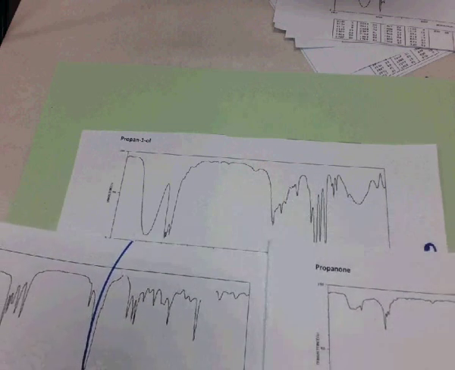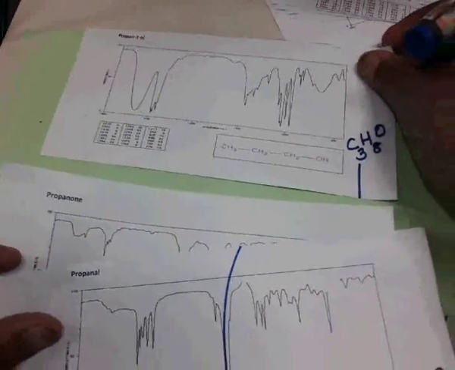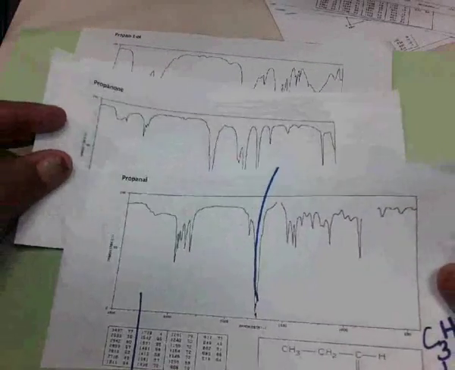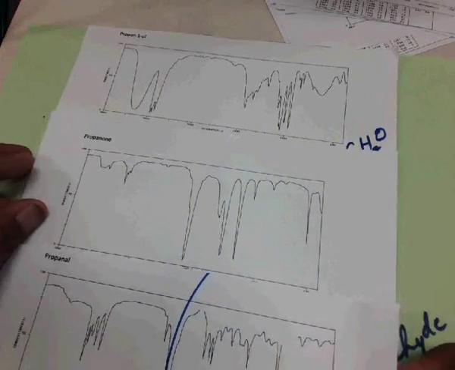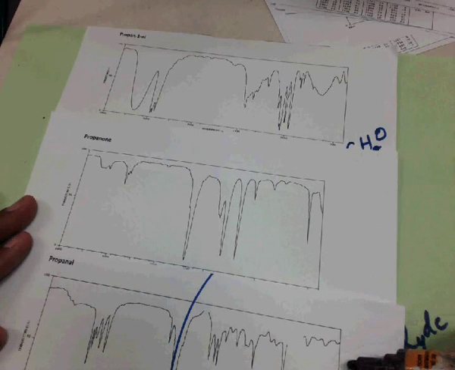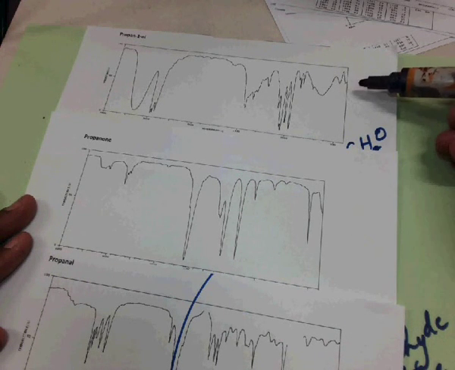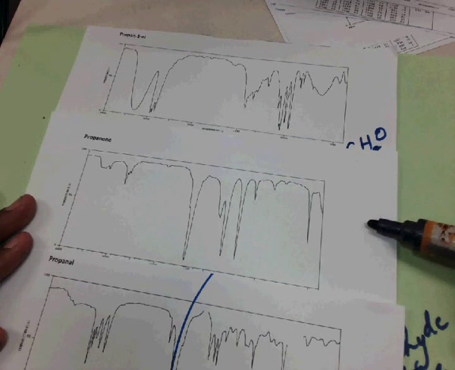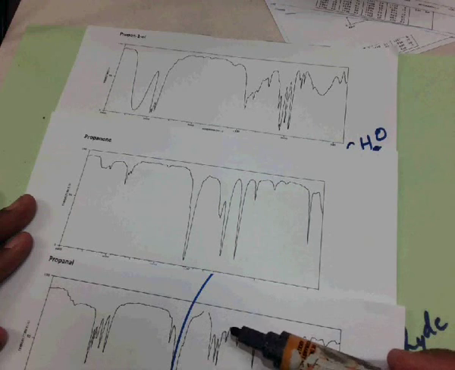This was our ketone, the first one we did, and this is the second one. So that's the one we're doing right now, propanol, propanone, and propanal. They're similar because they all have 1 oxygen. The alcohol has 1 oxygen, the ketone has 1 oxygen, and the aldehyde, propanal, also has 1 oxygen.